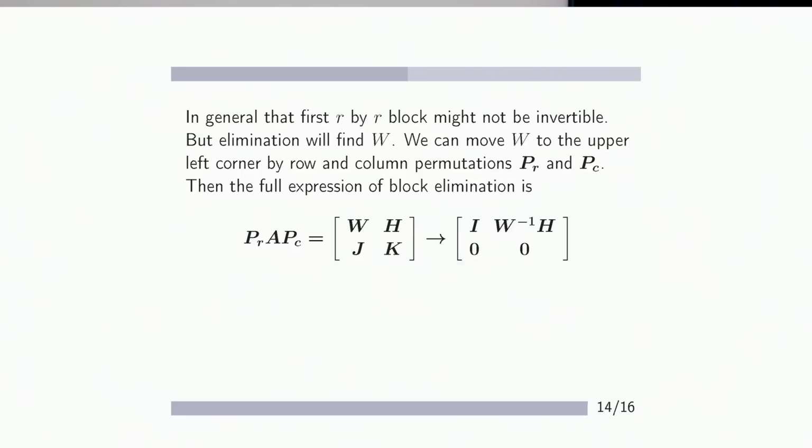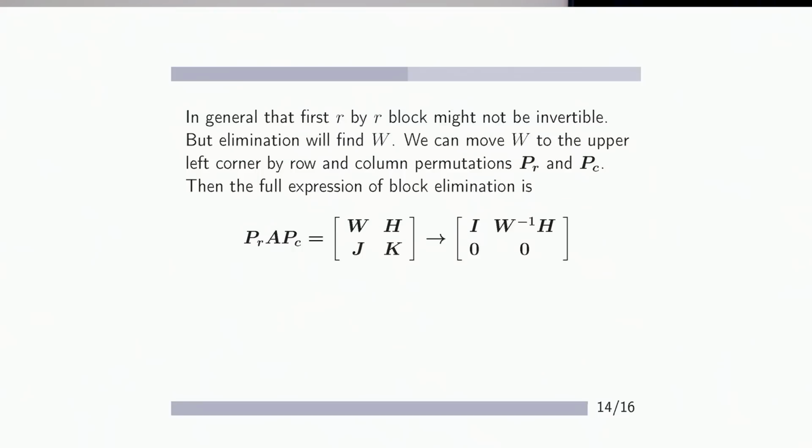Okay, so we're at the end now. This is the picture of elimination, written in its simplest matrix form. I do permutations of rows. I reorder the rows and the columns to get the first columns and the first rows to be independent. And that means that they have an R by R matrix W that's invertible.